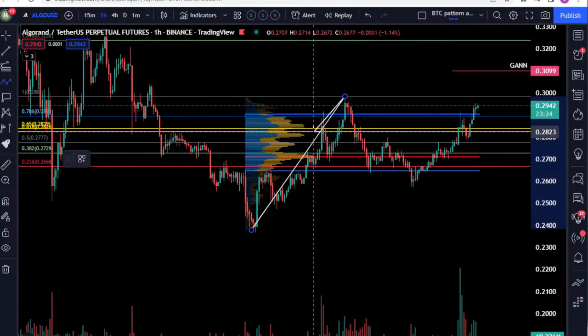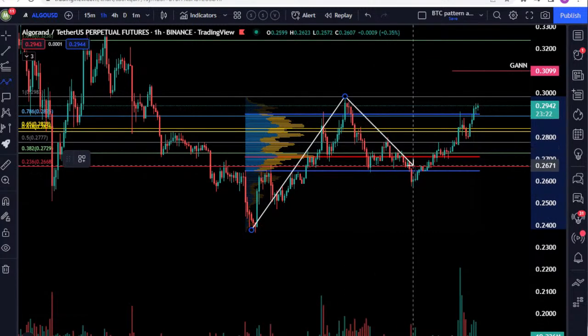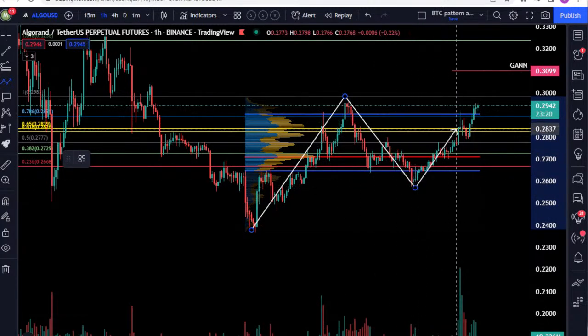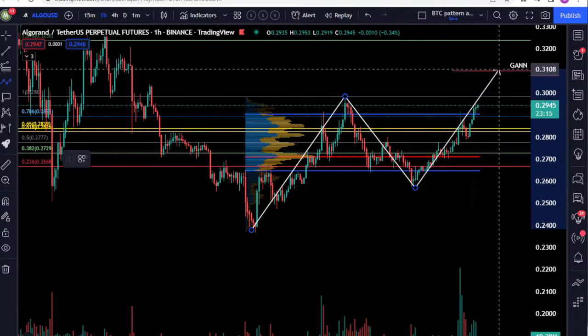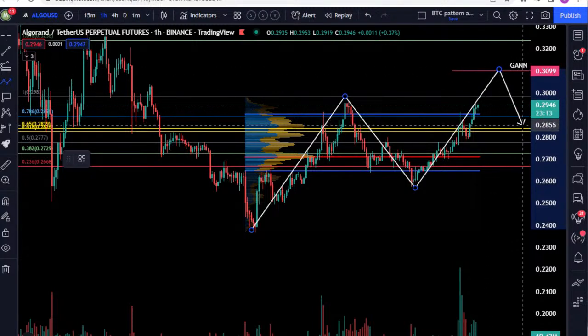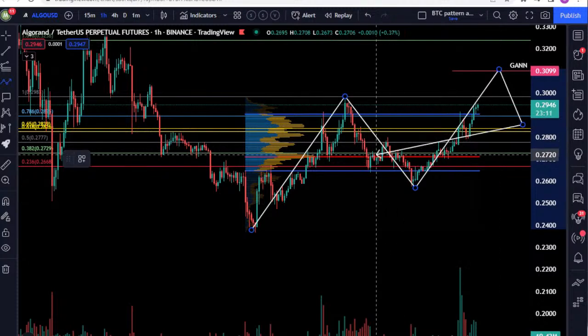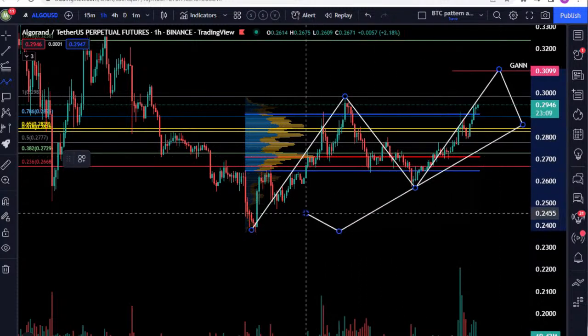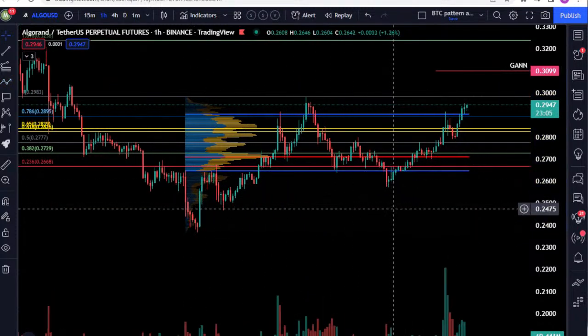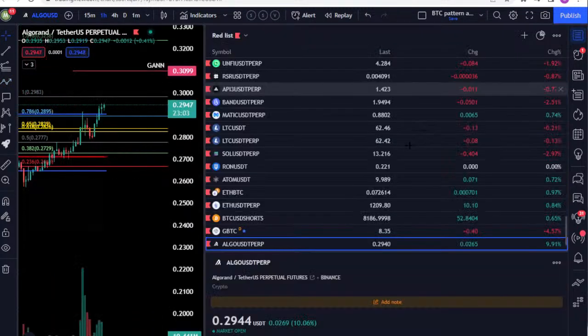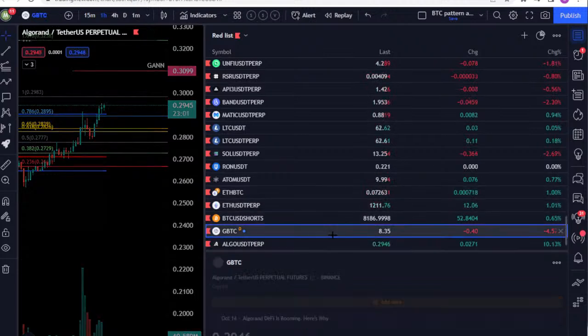It was tight, and then you move down. And now you're moving very tightly up, maybe to here, and you move down. And maybe that will be your 5-wave move to the upside. Yeah, that's all I have for the crypto market.